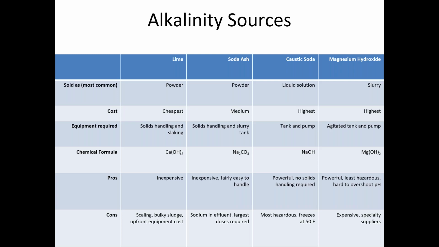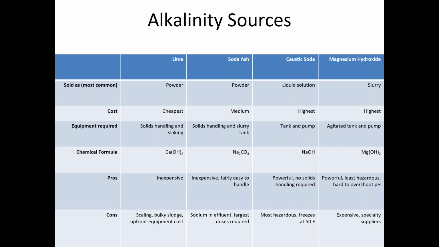If you add too much caustic to a lagoon or to a body of water, you can easily end up going way past the pH that you wanted, versus magnesium hydroxide will start to slow down, and it's hard to overshoot a pH of 9 using magnesium hydroxide. Downsides to it, it is still a specialty product, so you can only get it from certain suppliers, and it is about equivalent in many cases to caustic, but it's on the more expensive end.